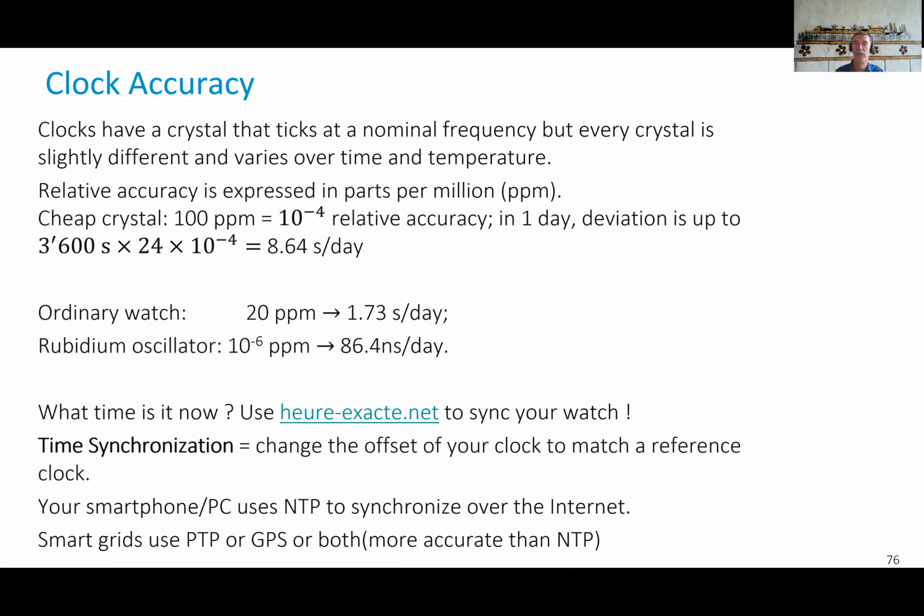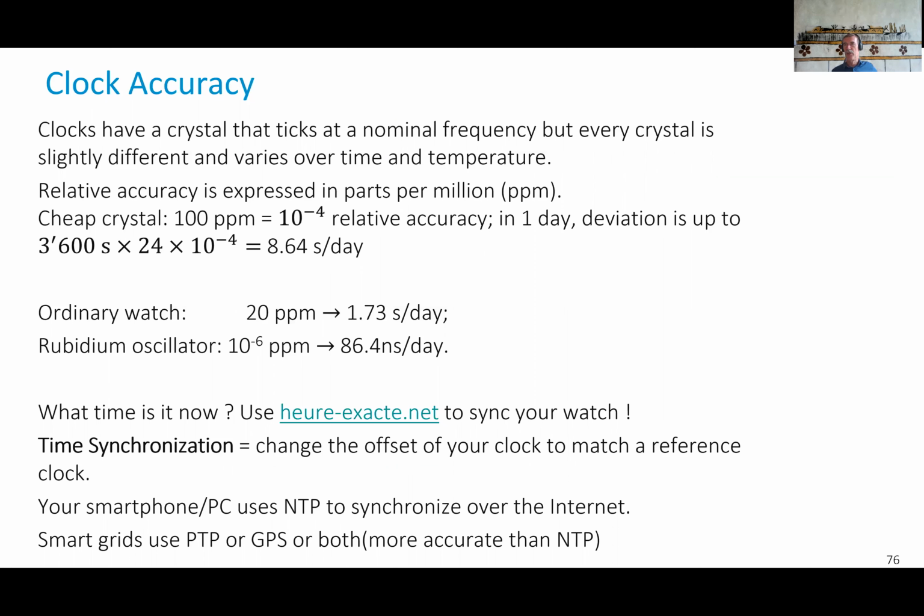If its accuracy is 10 to the minus 4, that means it will do 1 billion ticks, plus or minus 10 to the minus 4 times 1 billion. Expressed in ppm, 10 to the minus 4 gives 100. ppm is parts per million, so 1 ppm is 10 to the minus 6 relative accuracy.